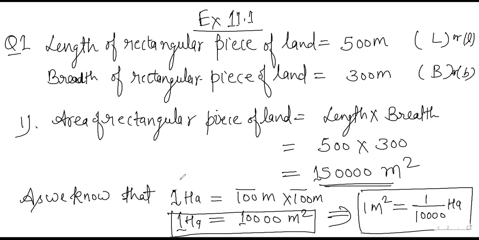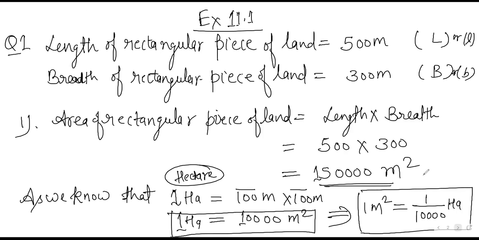HA means hectare. This is the representation in short way, HA. So now we will find the area of rectangular piece in hectare. So we just simply divide by 10,000 to get the area in hectare.